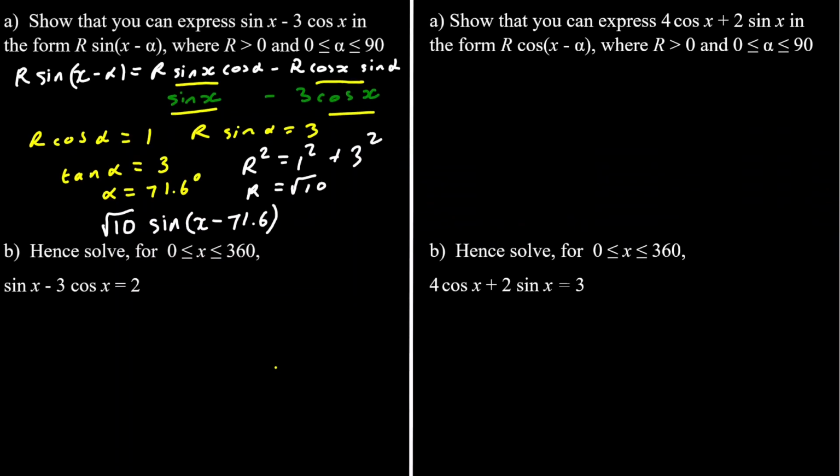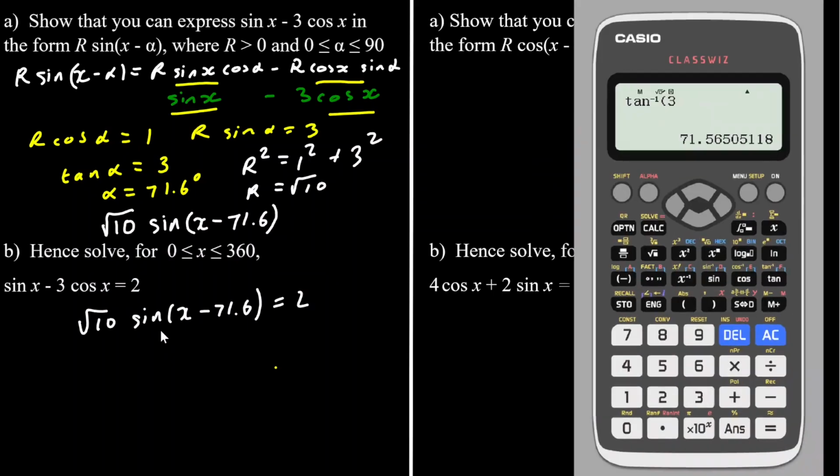Hence solve. So it's sine x minus 3 cos x equals 2. So it's root 10 sine x minus 71.6 equals 2. So it's 2 over root 10. And then shift sine. Let's store alpha as A. 2 over square root 10.